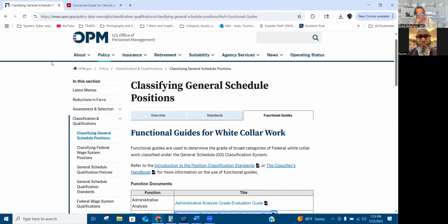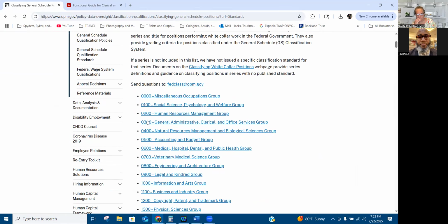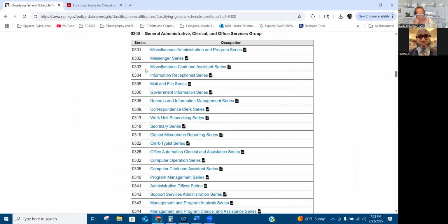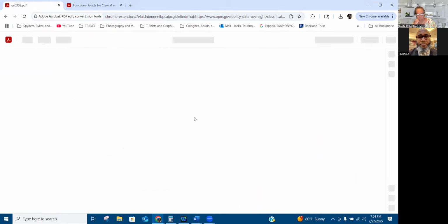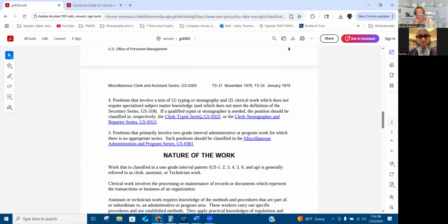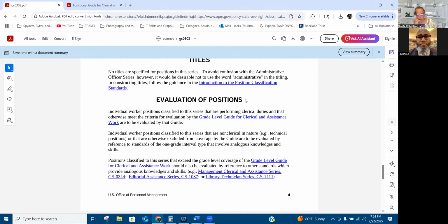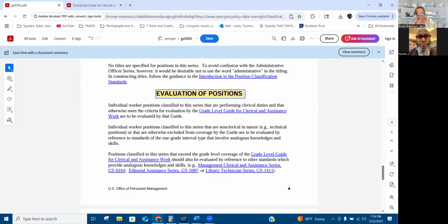When I go into the standard for whatever occupation, if it goes to one of these, which is the 303 for the PSA, when I get down to the titling section, evaluations of positions section, it will give me the instructions that I need to go to the grade level guide for clerical assistance work.